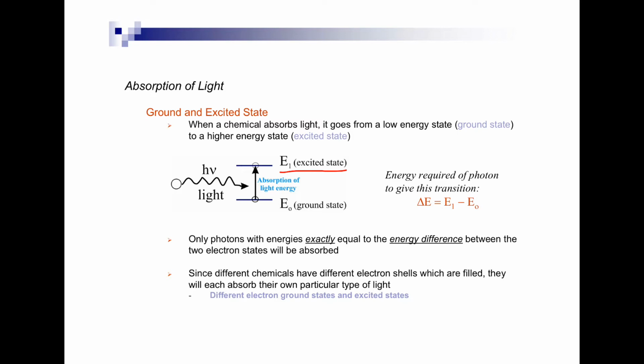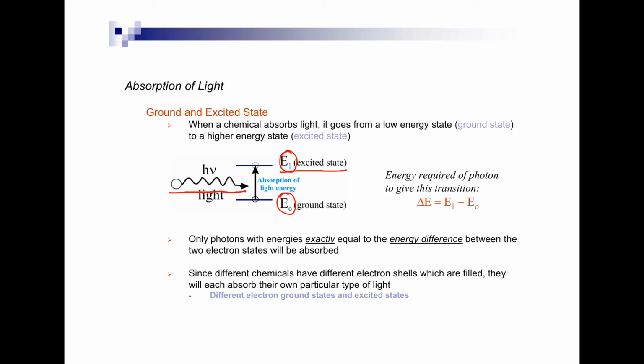And what's interesting is we can basically shine a whole spectrum of light on a compound and measure what it absorbs and what it doesn't absorb. And what it absorbs tells us about these two energy levels. So if we can figure out what kind of light a compound will absorb, we will know what kind of energy a compound will absorb.